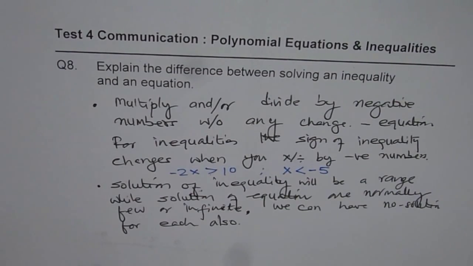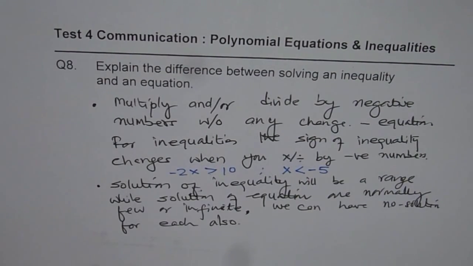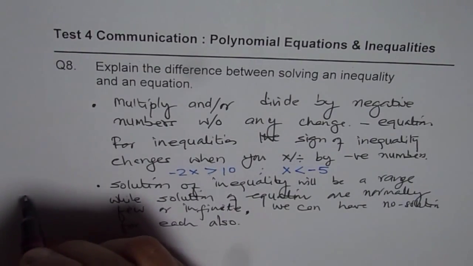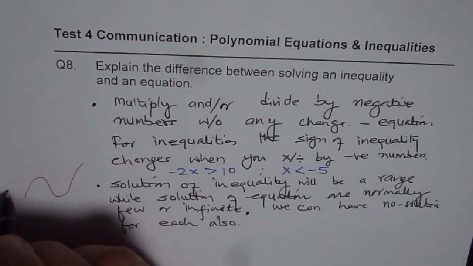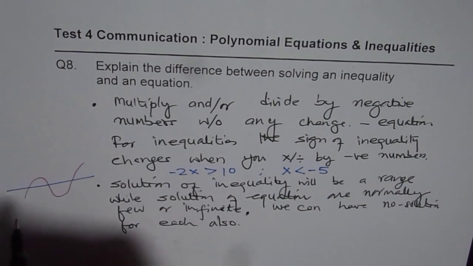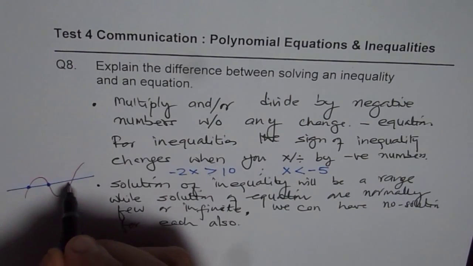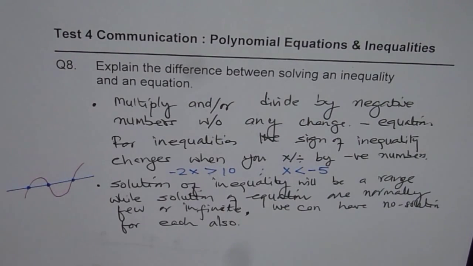So whenever we are solving an equation, we can have a couple of solutions, right? For example, if we have a graph like this, right, and we have to find the solution between these two, then all these points where it cuts will be the solution, correct? But still they're kind of limited. It's not a continuous range in case of an equation, right?